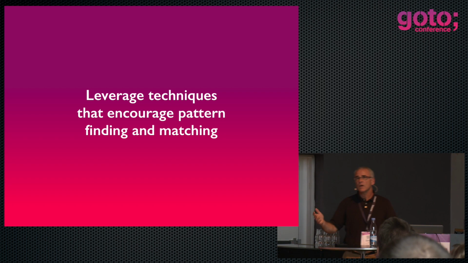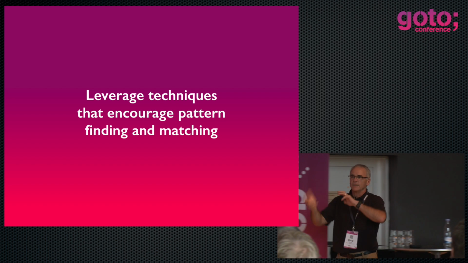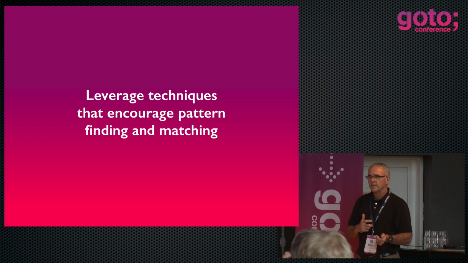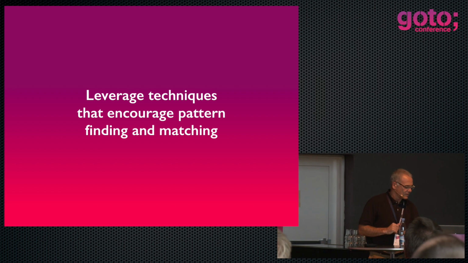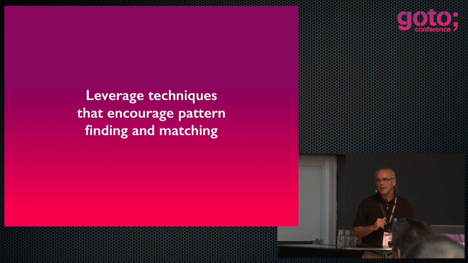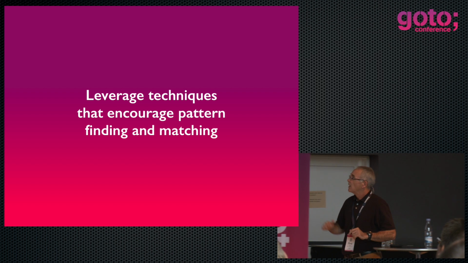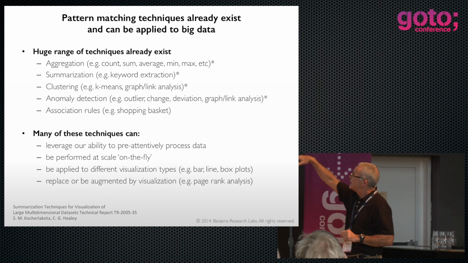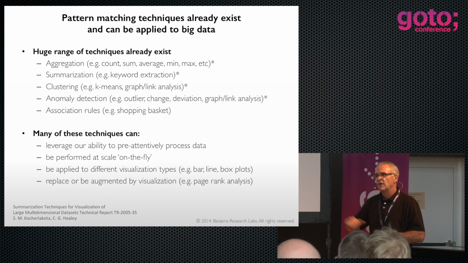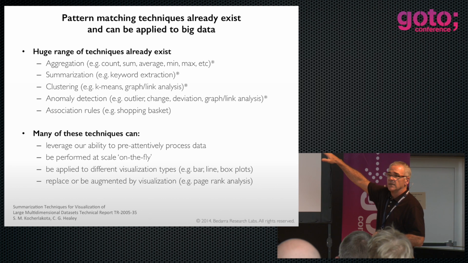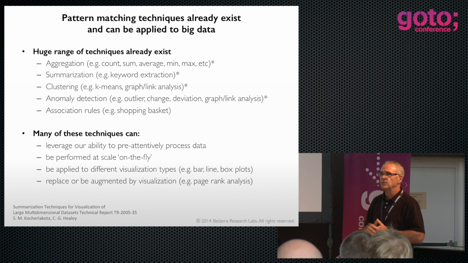Okay, so now we've got this thing we can tumble, we can do it quickly, but what we want to do is leverage pattern matching. So all of those techniques at the top already exist today, right? In other words, all of those analysis techniques like aggregation, summarization, these are well-known techniques.